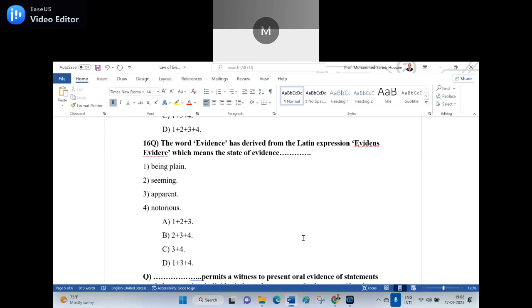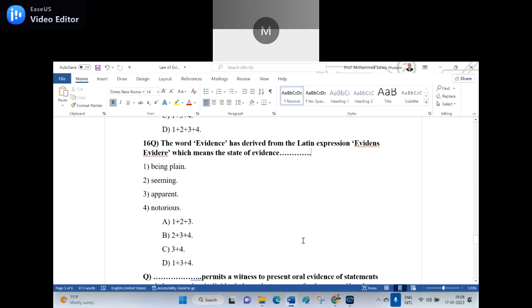The state of being. They give the other wordings, but one option is not there. Sir, 1 plus 2 plus 3, A. Wrong. Option D, sir. 1, 3, 4. Wrong. Option C, sir. 2 plus 3 plus 4. No. 1 plus 3 plus 4 is the right answer. D is the right answer.